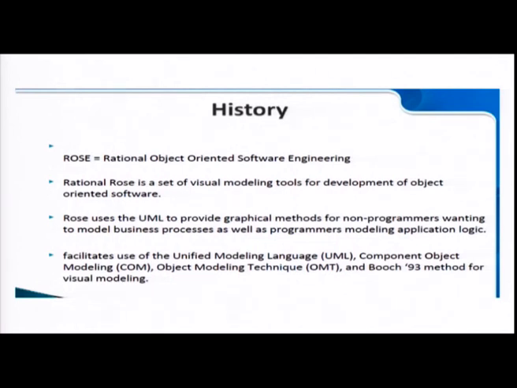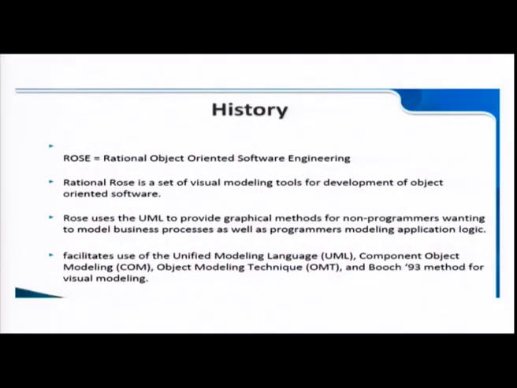Rational Rose is Rational object oriented software engineering. Rose is not the flower rose. It was more or less a pun on object oriented software engineering, which is what we used to normally think, which made use cases and Ivar Jacobson happen. The Rational variety of this was called Rose.